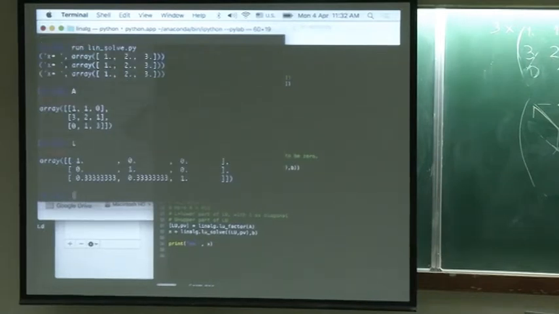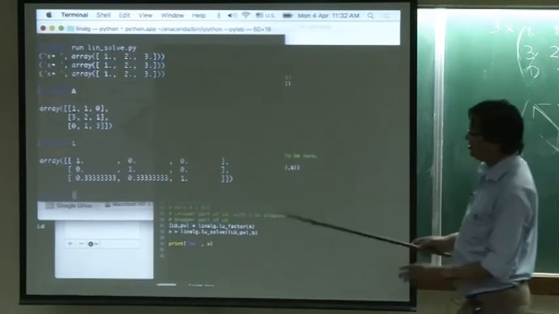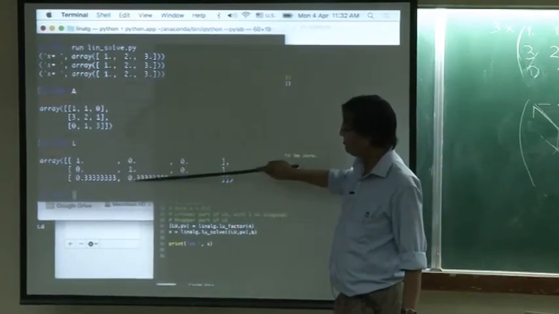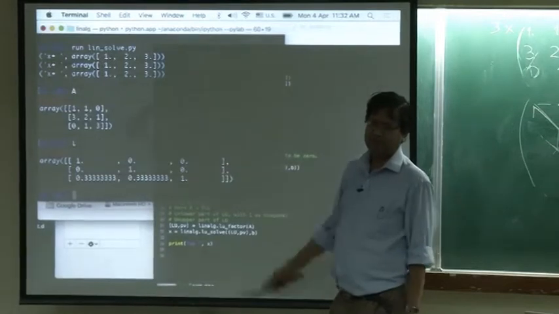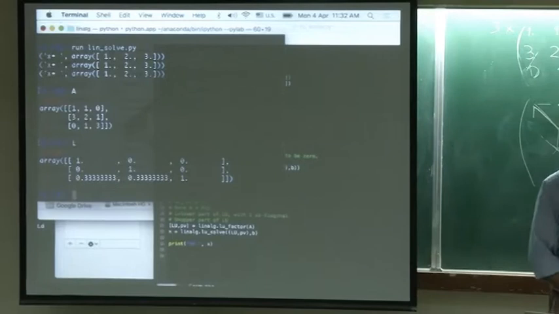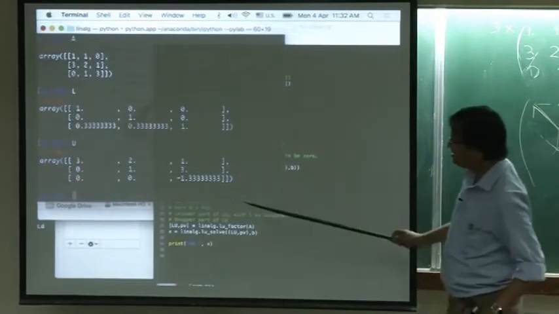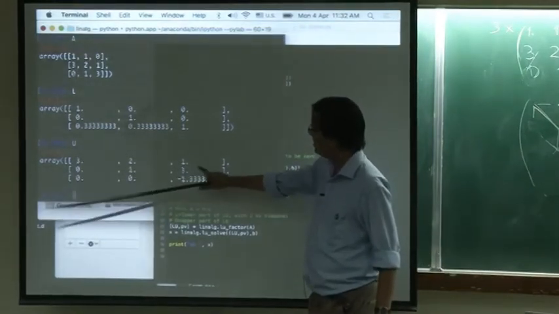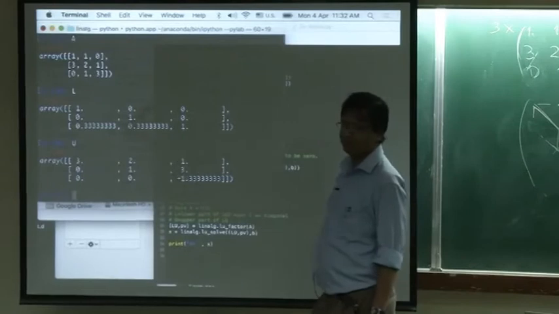L is this matrix. L is lower diagonal, so its diagonal is 1, this is 1/3 and this also happens to be 0. So, it is a simple matrix. Then U is the upper diagonal, with the diagonal entries and these 3 upper diagonal entries.